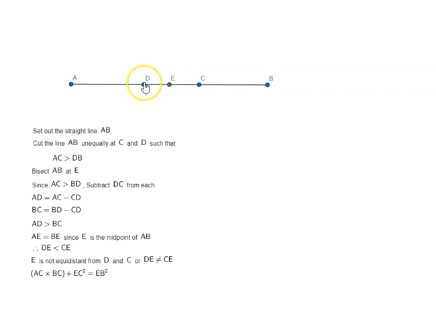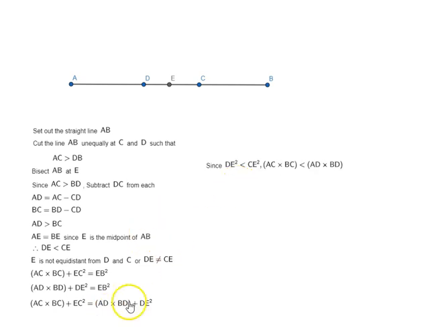Since there is another point which also cuts it into two unequal parts, we can also say AD by BD plus DE square is equal to EB square. So they both are equal to EB square, which means they are equal to each other. So AC by BC plus EC square is equal to AD by BD plus DE square.